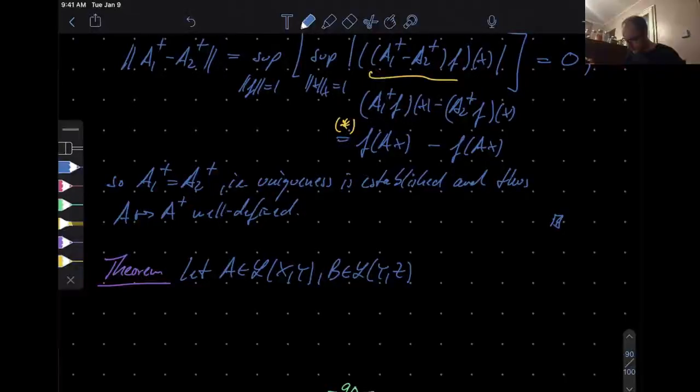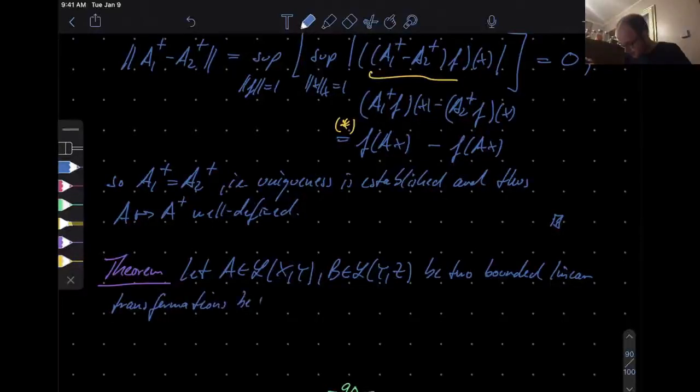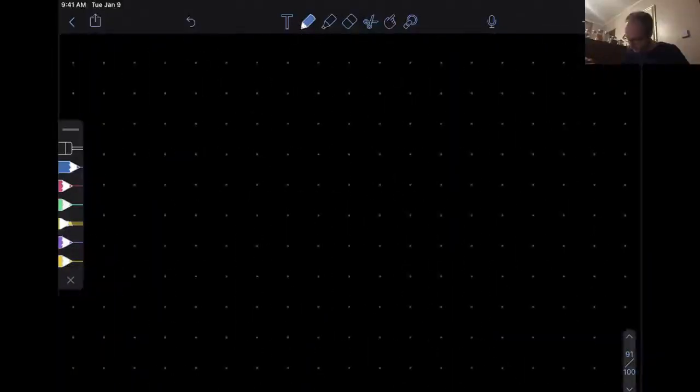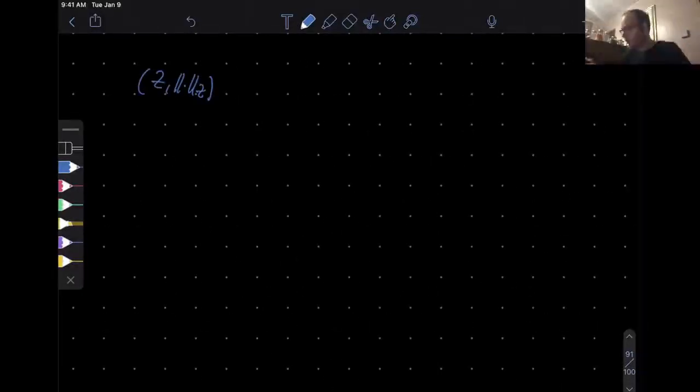Okay, so let's state it first. Let A and B be two bounded linear transformations between three normed linear spaces, X, Y, and Z. All right, and let the dual of A and the dual of B be given.